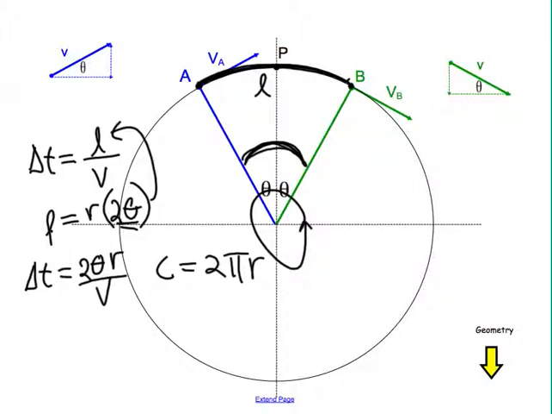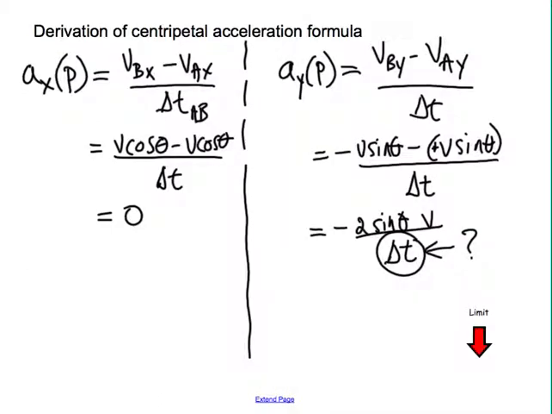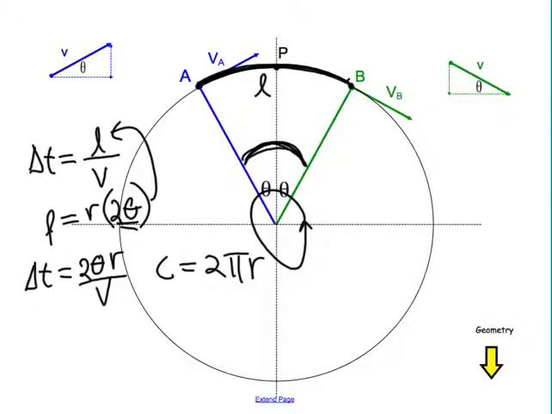So that's my time. I can now plug that in here, and we get that this is equal to, again, my minus. I'm going to take the v out, and then multiply this by 2 sine theta, factoring out the geometry part. Then over here I have delta t, which, remember, was 2 theta r over v.